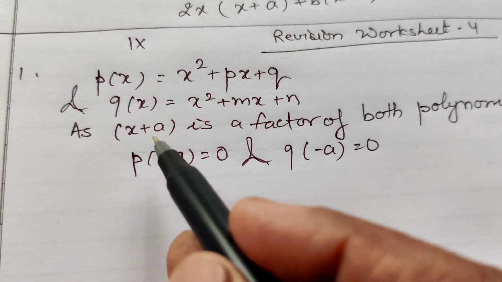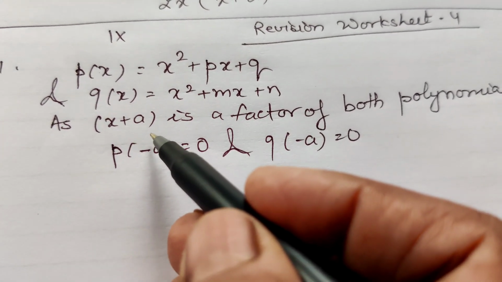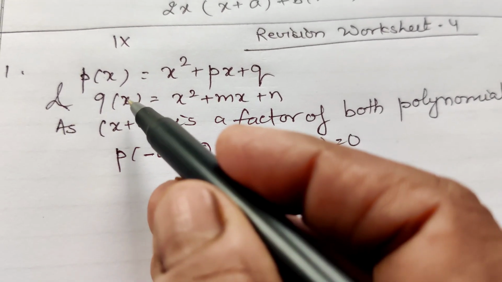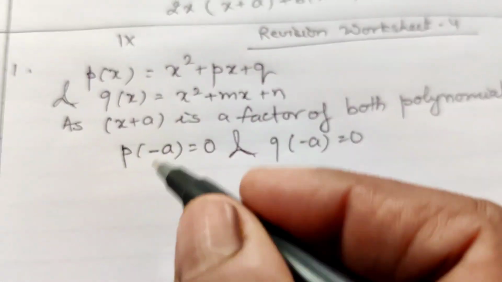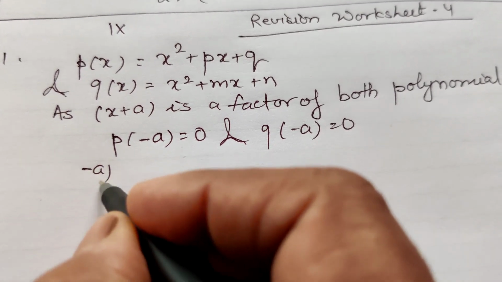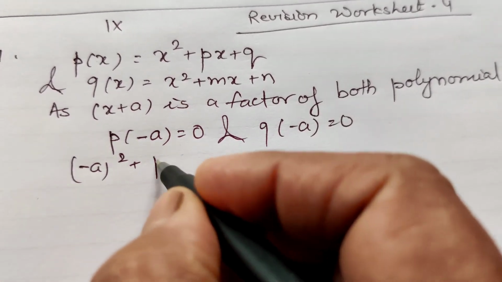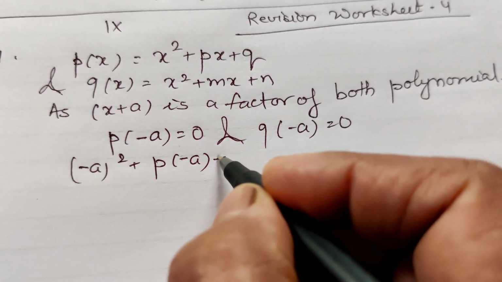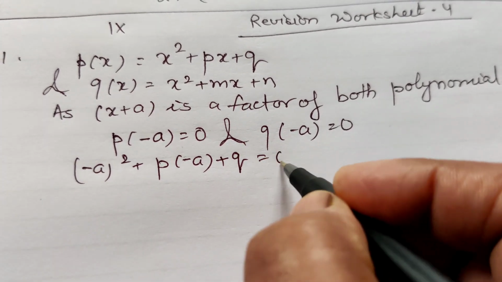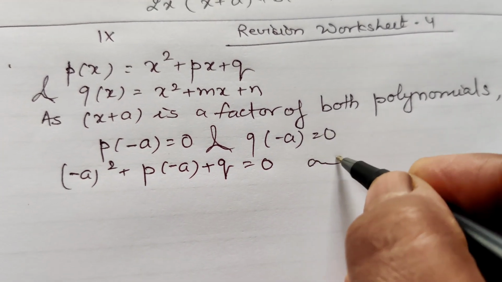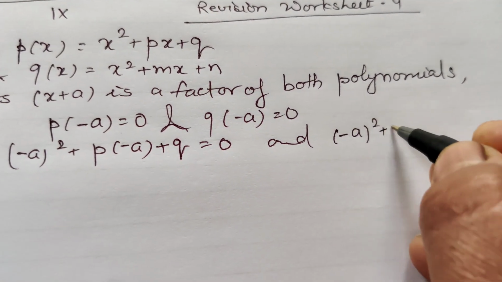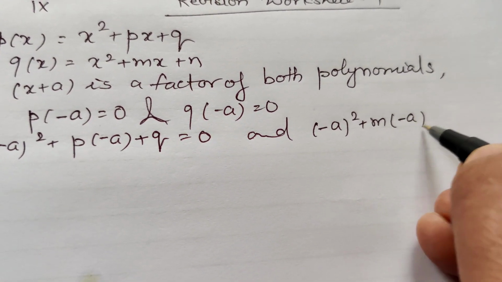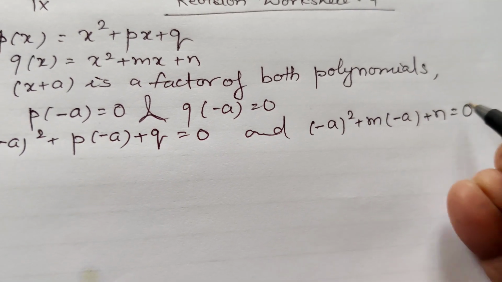If we put x plus a as a factor, it means x equal to minus a. Put minus a in place of x. So in the first polynomial, (minus a) whole square plus p into minus a plus q equal to 0. And second one, (minus a) whole square plus m into minus a plus n equal to 0.